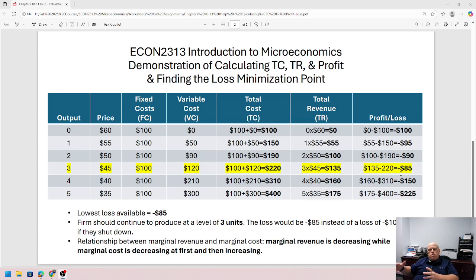Remember that law of diminishing marginal returns. So at first, our marginal cost will decline as we are experiencing increasing marginal returns from our resources. But then at some point, our marginal returns are going to decrease as we increase more units of production.